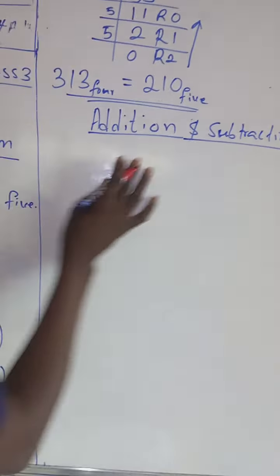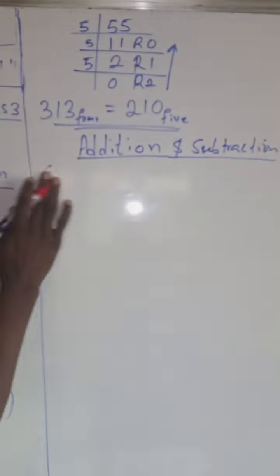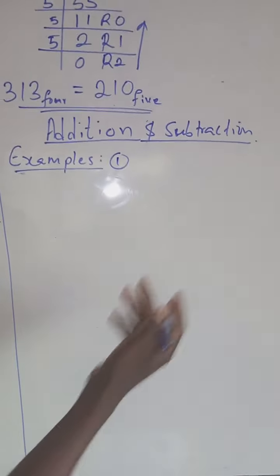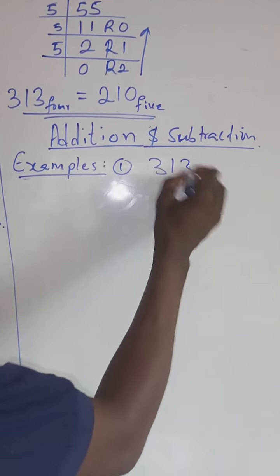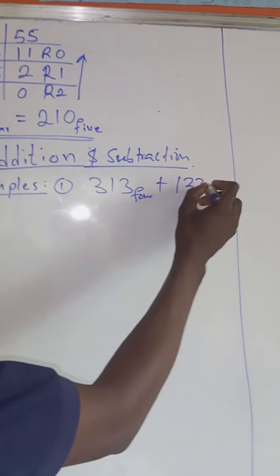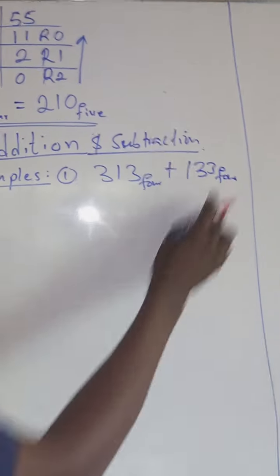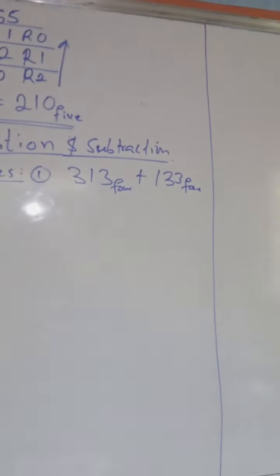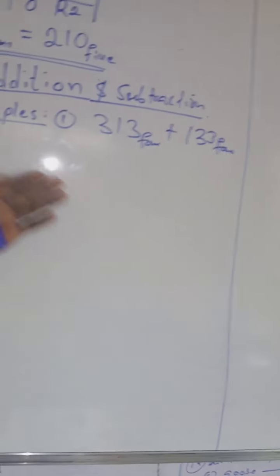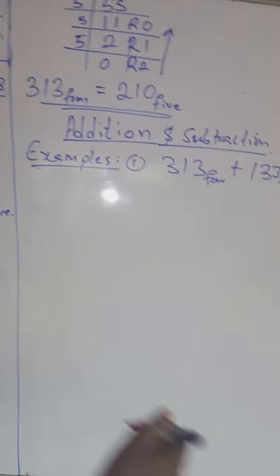So addition and subtraction of binary, I'll just give one example. Like I told you, we are going to have it in that base. For instance, say 313 base 4 added to 133 base 4. Their bases have to be the same. If they are not the same, we bring them both to base 10 and add up, then we leave it in the base that we are asked to. So let's move on.